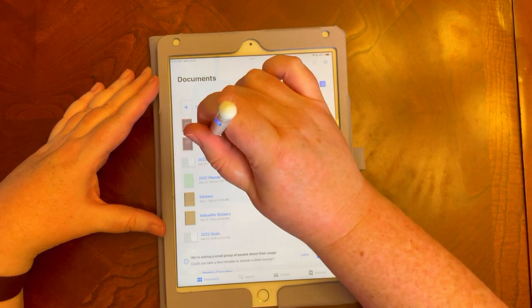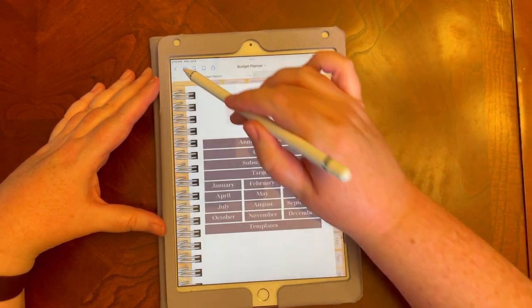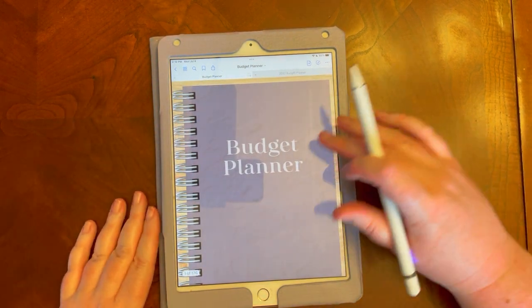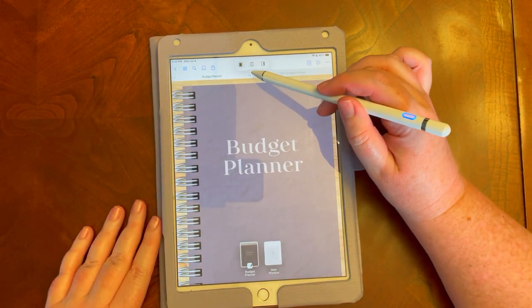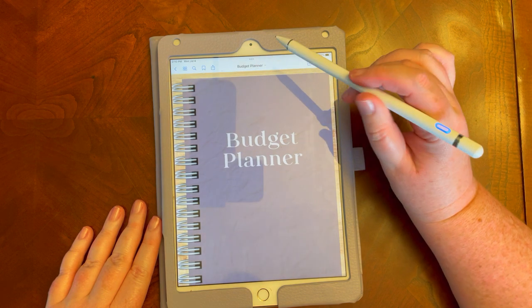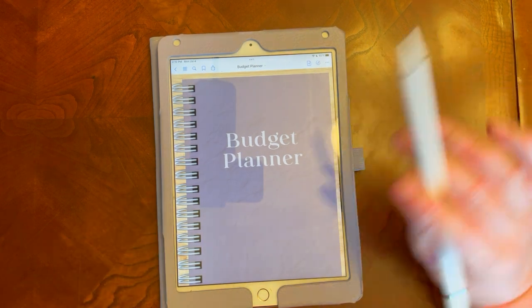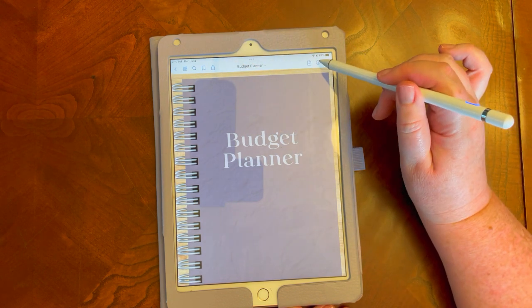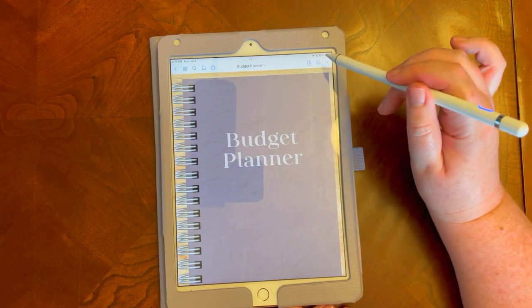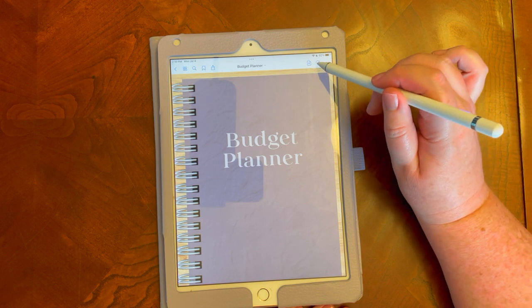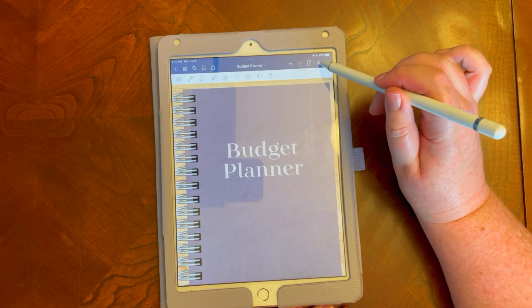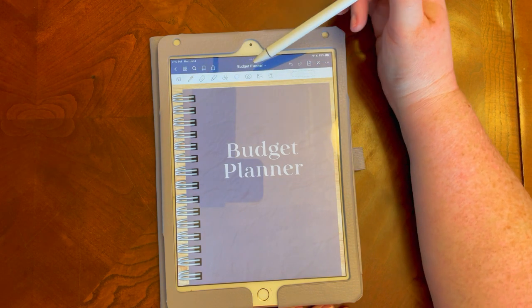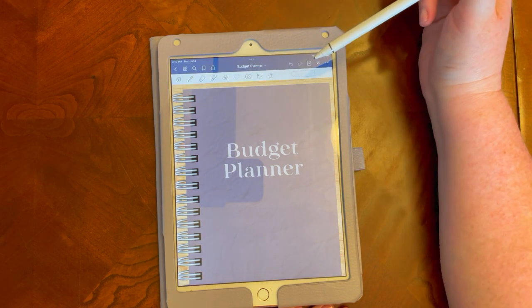Okay, but let me show you how to navigate within this planner. This is what you're going to see. Just real quick, hyperlinks only work if your pen icon is not selected, right? If I click that little pen, that's where I can choose to write things, I can choose to type things, I can do some other things.